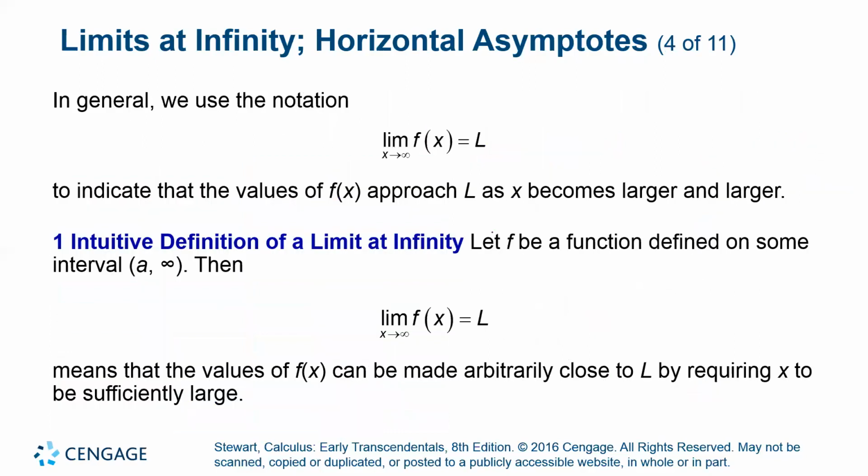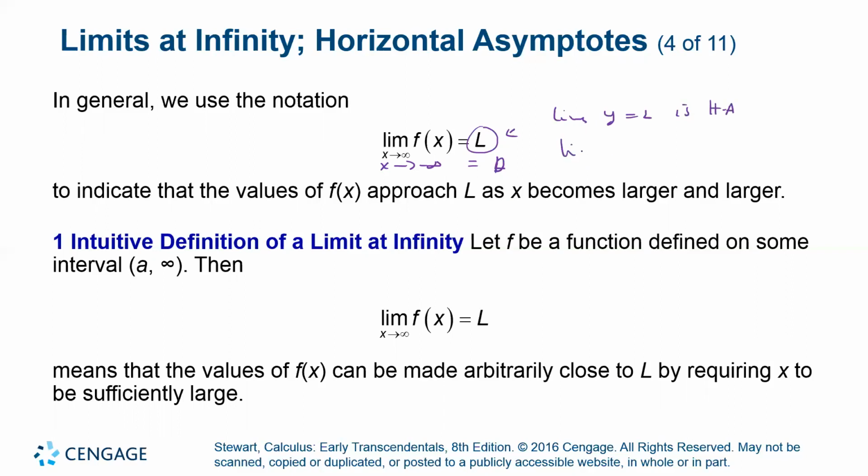Generally, this is the notation. If you take the limit as x approaches positive infinity of a function and it is equal to a certain value L, it exists. Or the other definition is when you consider x approaches negative infinity of the same function and it is equal to, let's say, a different value, d. Then you can say that for the first one, the line y equals L is a horizontal asymptote.